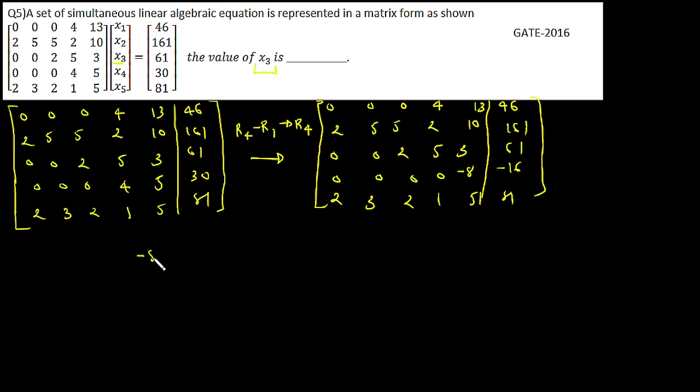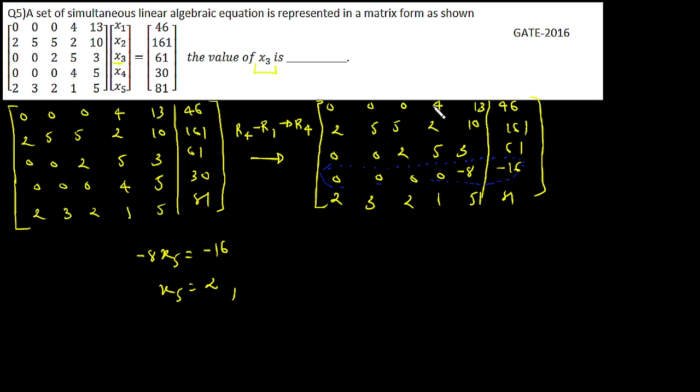We are getting minus 8 x5 equal to minus 60 from this fourth row. So x5 is 2. So we got the value of x5.